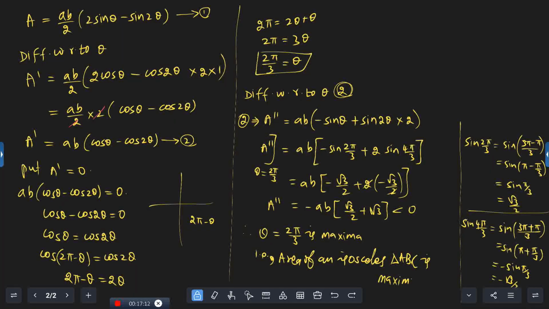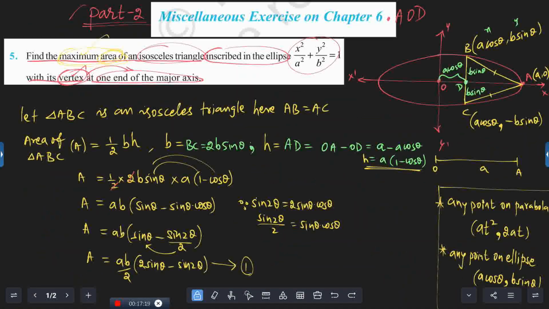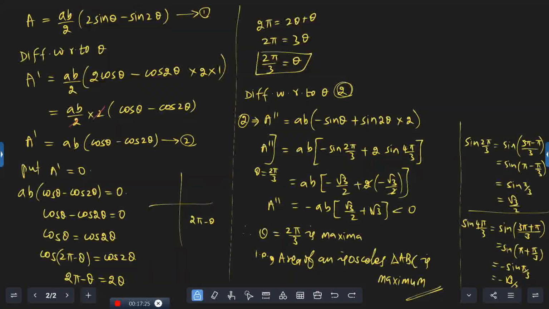That is what they asked us to show. Is there anything extra we have to prove? That's it. Have you understood? Is it okay? They may ask three more such questions.